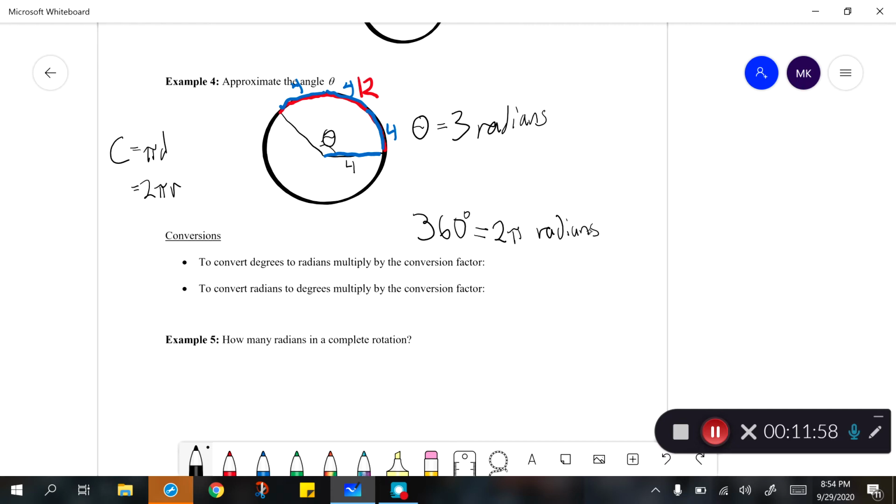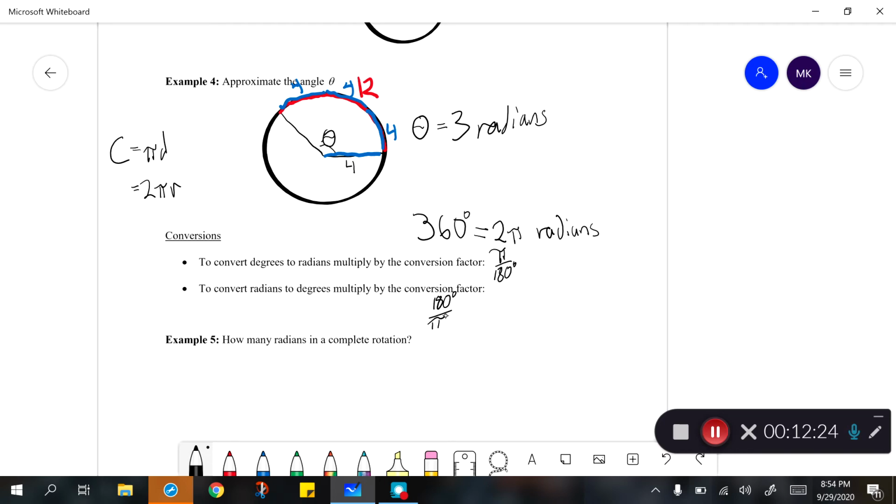So we can use that to create a conversion factor. To convert from degrees to radians, we multiply by the factor pi over 180 degrees. And to convert from radians to degrees, we multiply by 180 degrees over pi. Now, very simply put, we want to think about trying to cancel units out.